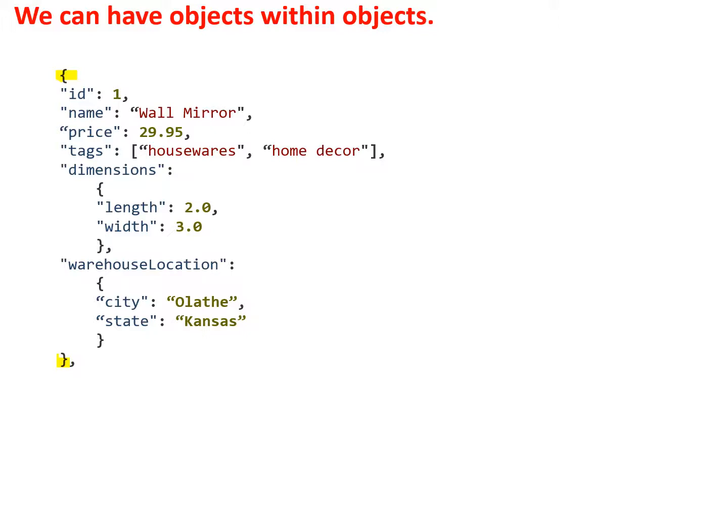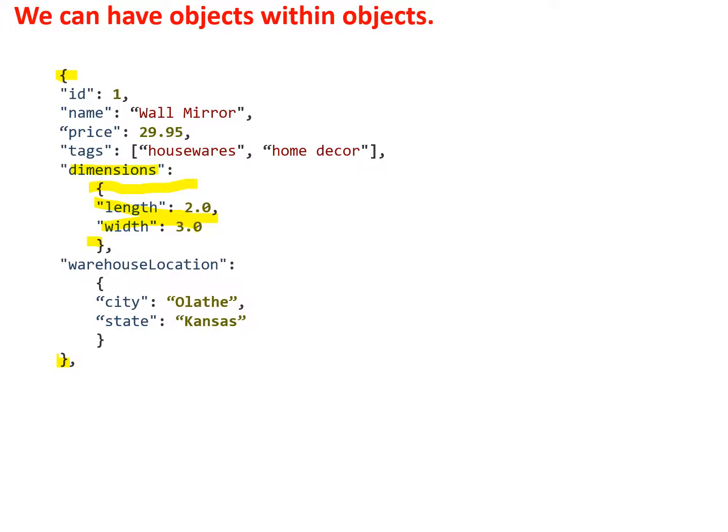But the way this is set up, it also has an object within this object, because the value for dimensions is going to be its own object. Each record has something under dimensions, which is an object inside that holds a length value and a width value.